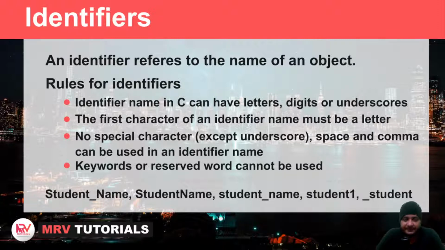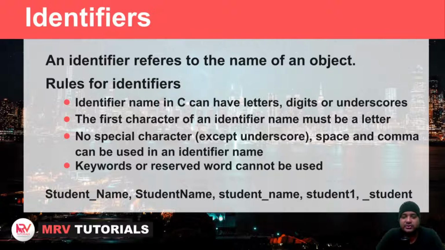So it should always begin with an alphabet, right? The next thing is no special characters except underscore, and also you cannot use space or comma in between your identifier. The most common mistakes we make while giving names are giving a space between a couple of characters, or using a comma as a separator.